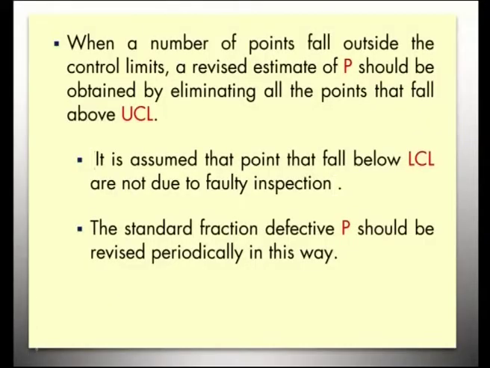Next, when a number of points among the samples fall outside the control limits, a revised estimate of the population parameter should be obtained by eliminating all the points that fall above the UCL. It is assumed that the points that fall below the LCL are not due to faulty inspection. So, the standard fraction defective P should be revised periodically in this way.